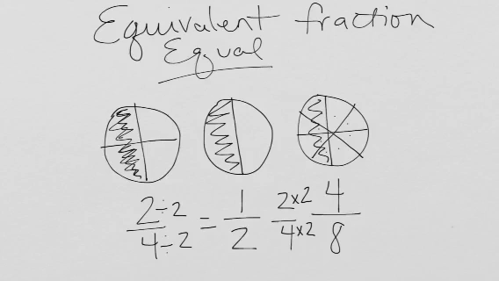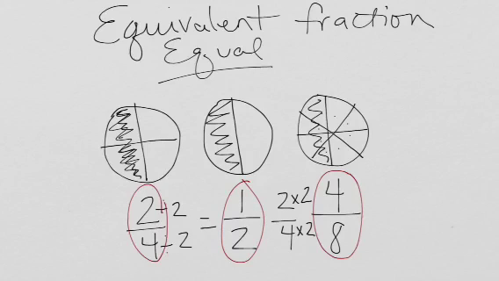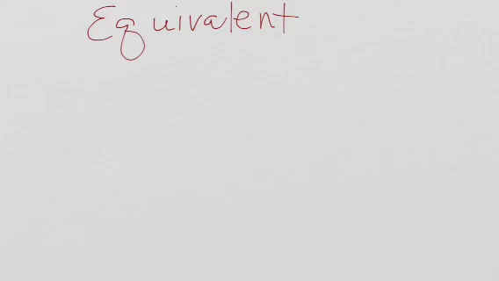So the idea of equivalency is that all of these fractions are equal amounts, even though they're maybe cut in different ways. So when I think about how I can make equivalent fractions, there are 2 ways you could do that.